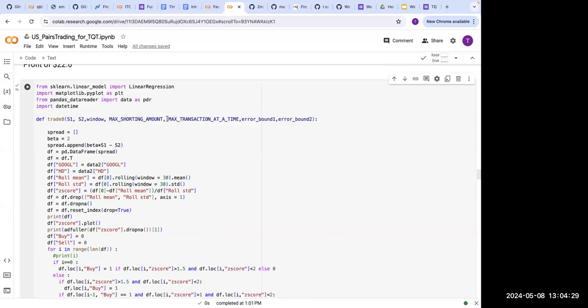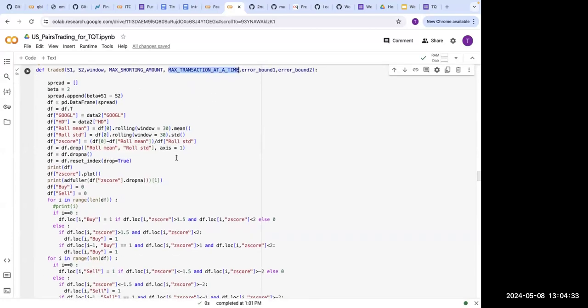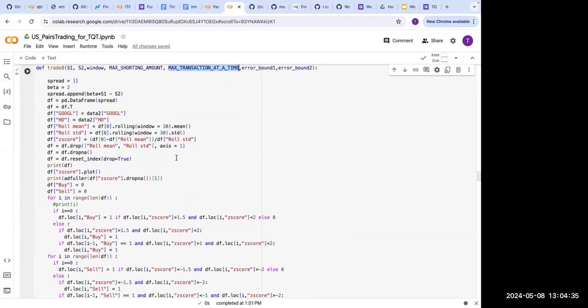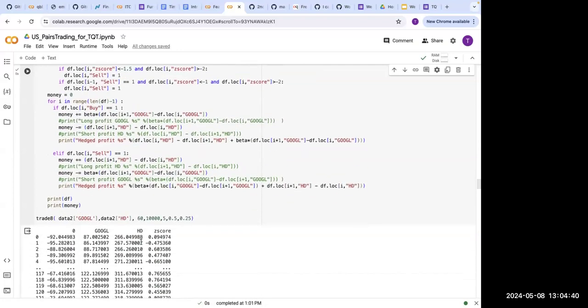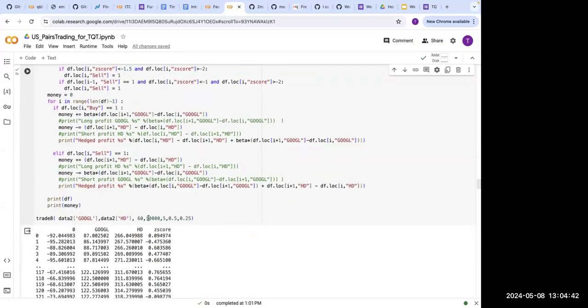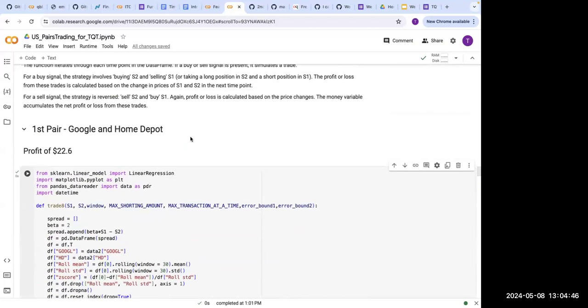This max transaction at a time is the value that gives you a limit. This is the fifth one, so fifth one is 5. You can invest a maximum of five stocks basically at a time.